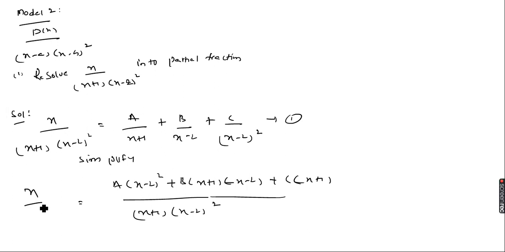So this is nothing but x equal to a into (x minus 2) whole square plus b into (x plus 1) into (x minus 2) plus c into (x plus 1), taken as 2.